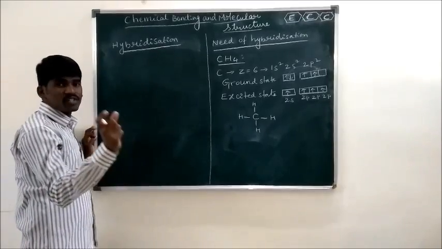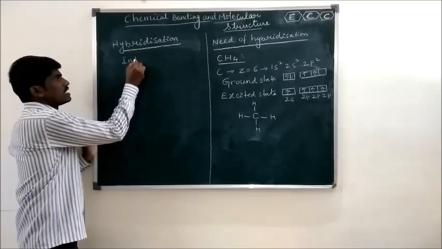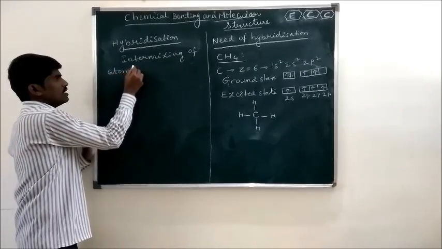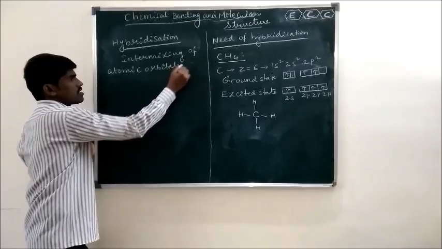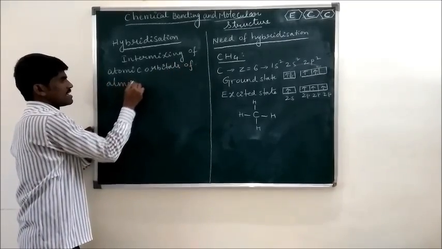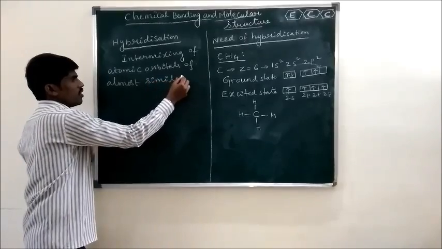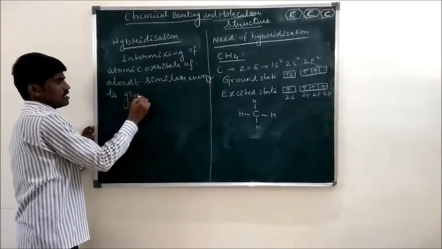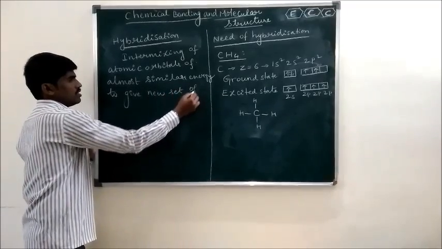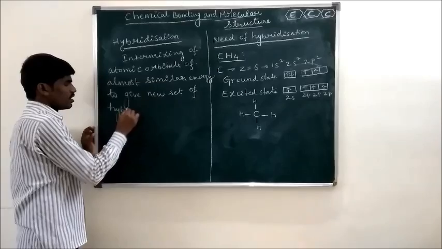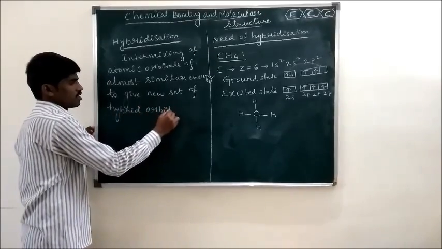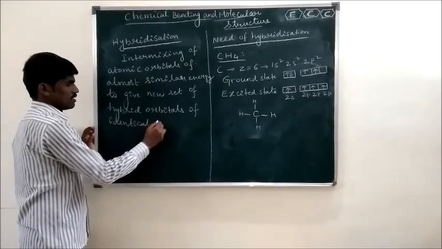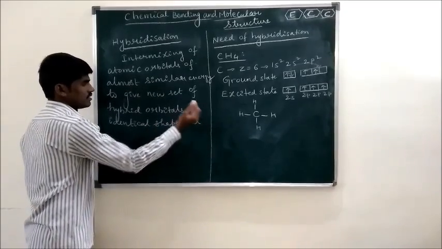Now let me tell you the definition of hybridization. Hybridization is nothing but intermixing of atomic orbitals of almost similar energy to give a new set of hybrid orbitals of identical shape and same energy.